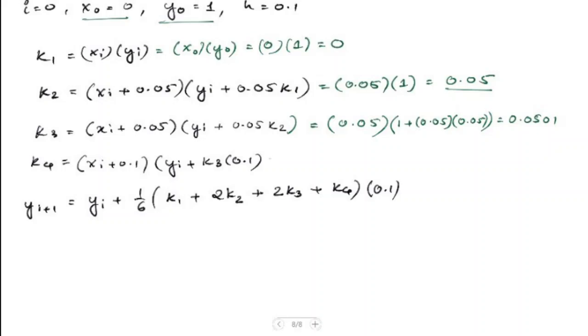Now here we have x0, which is 0, 0 plus 0.1 is 0.1 times, we have y0, that's 1, 1 plus k3, that's 0.0501 times 0.1, and that gives us the value 0.1005.